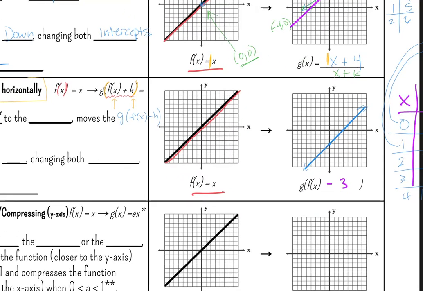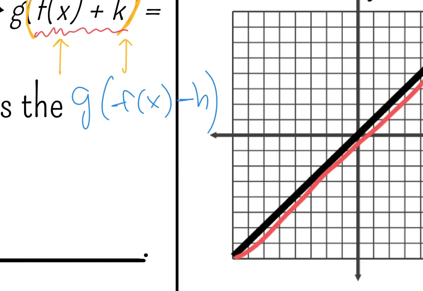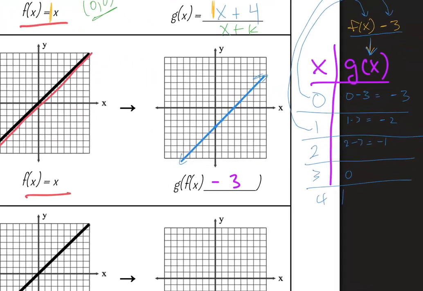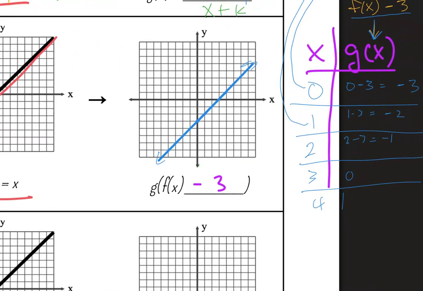And if that's really weird, think back to point slope, where we had y minus y1 equals m times x minus x1. These were negative to begin with. So that's kind of what happened here, that's negative to begin with. So it would move over to 3.